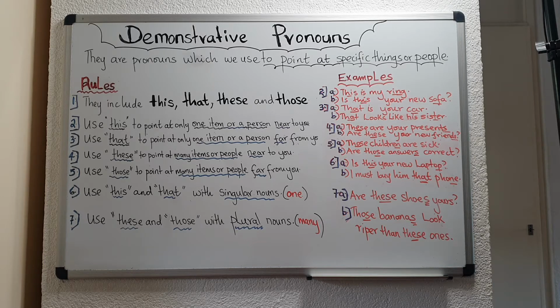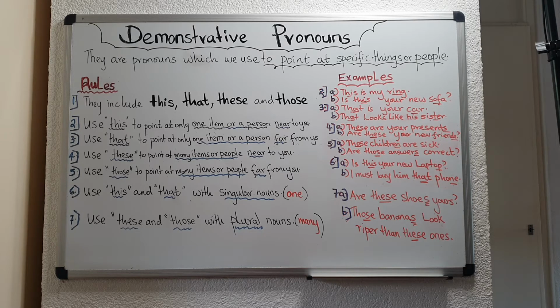It is one item. Okay? And it is near, very close to me. So I can say, this is my ring. And I can use my finger to point at my ring.